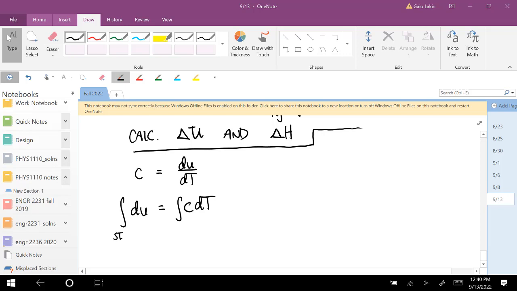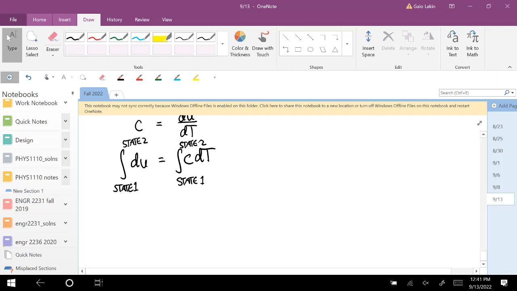We can think of both of these integrals as happening from state 1 to state 2. And if we integrate du, we get the change in specific internal energy.